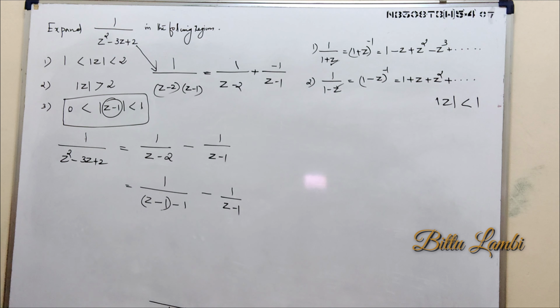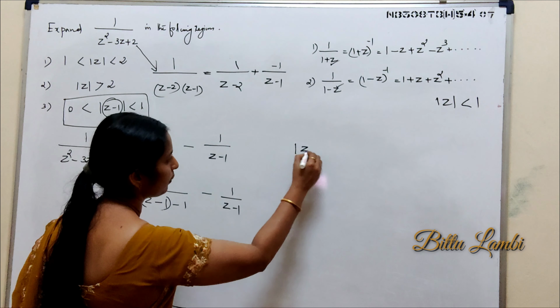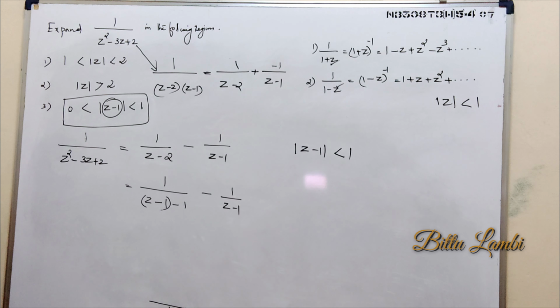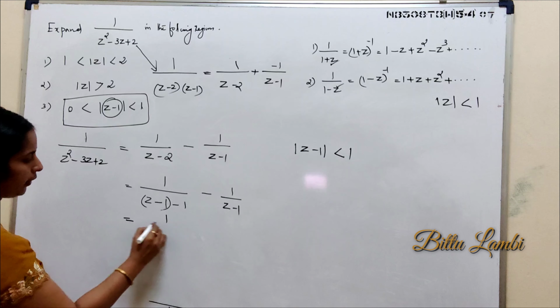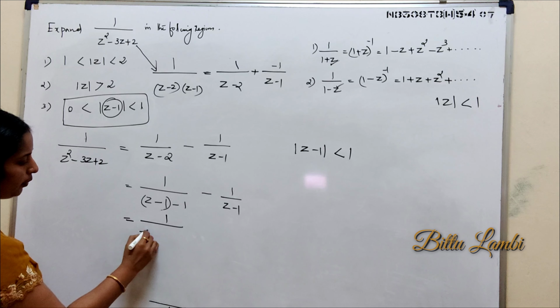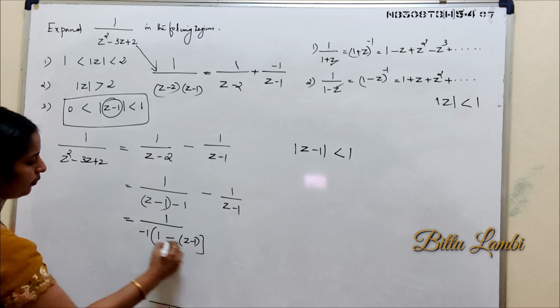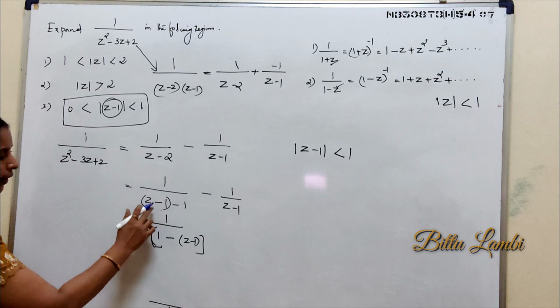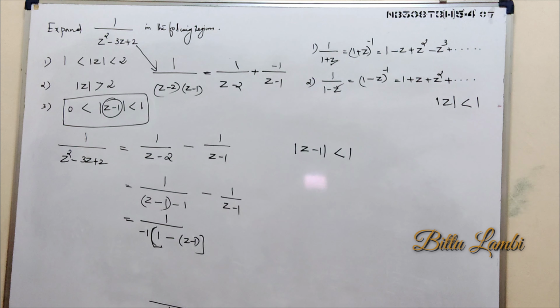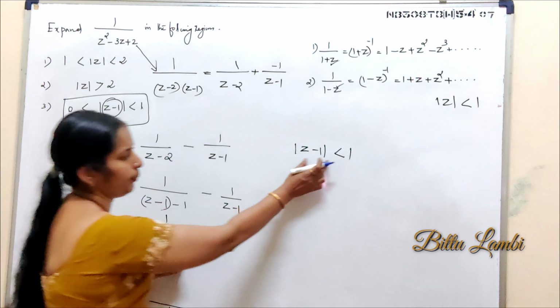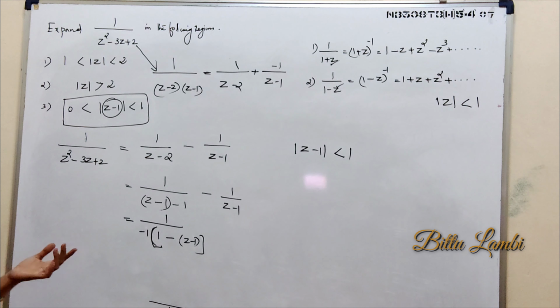The given region is mod z minus 1 less than 1. So here, you will take minus 1 outside. We can rewrite the denominator like this. Now the starting term is 1 and the modulus of the second term is less than 1. Now it's suitable for applying our basic results.